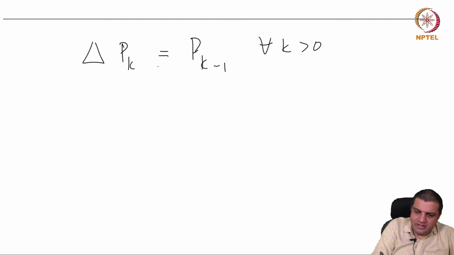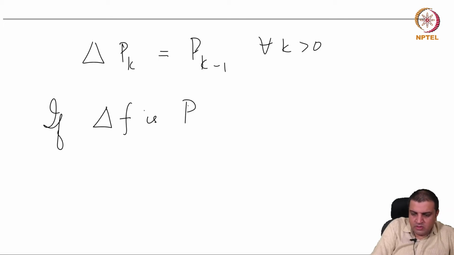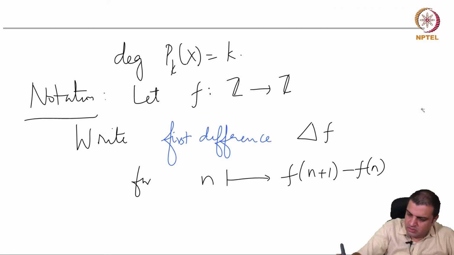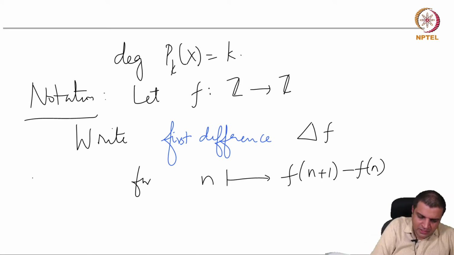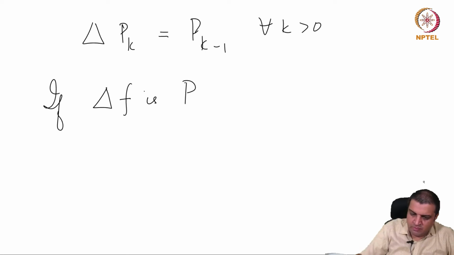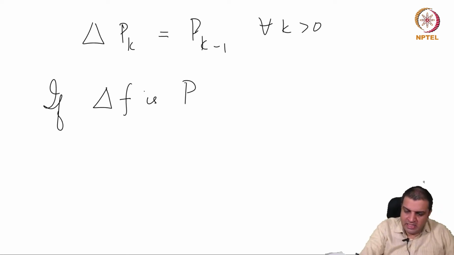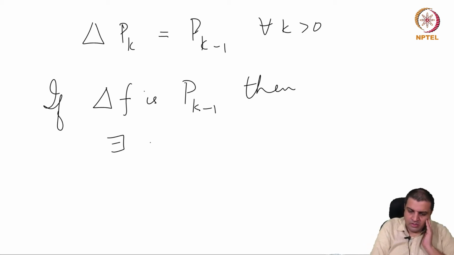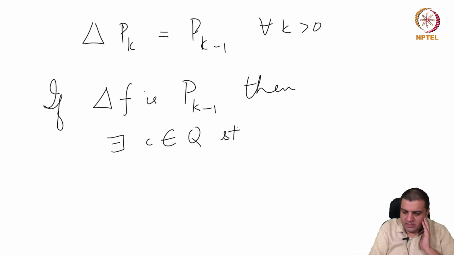And also, one should think of f of x as a polynomial in Q[x]. So if Delta f is P_(k minus 1), then there exists a c in Q such that f is P_k plus c.